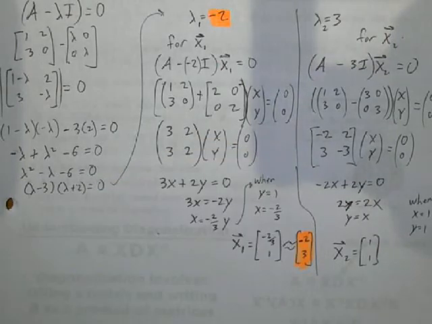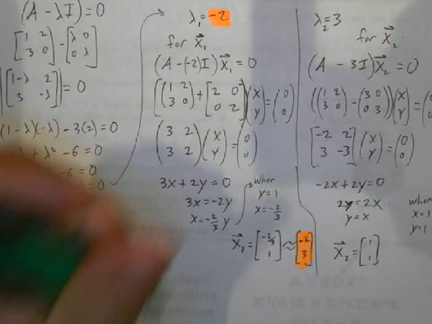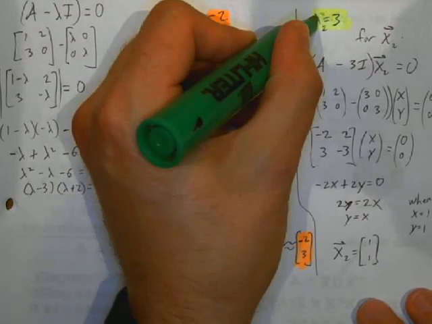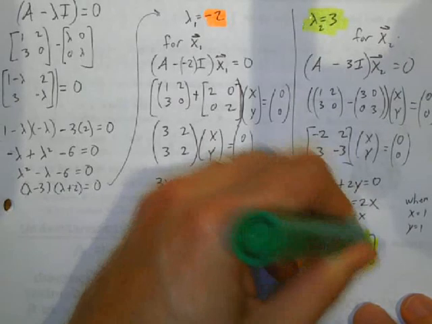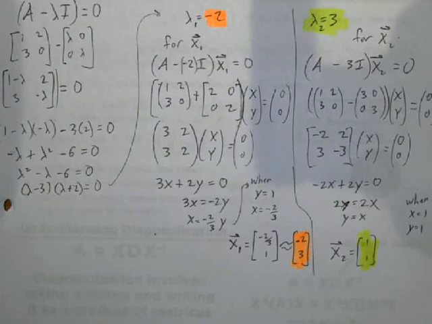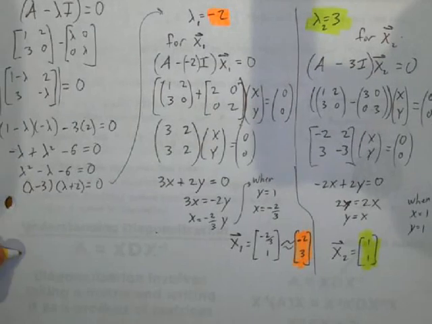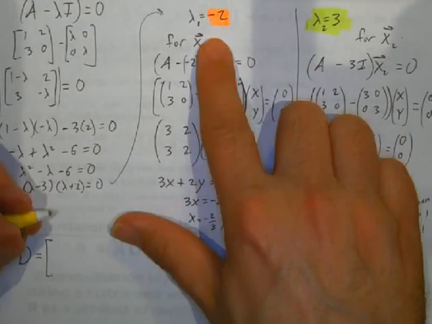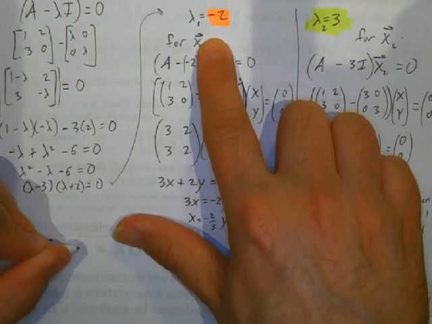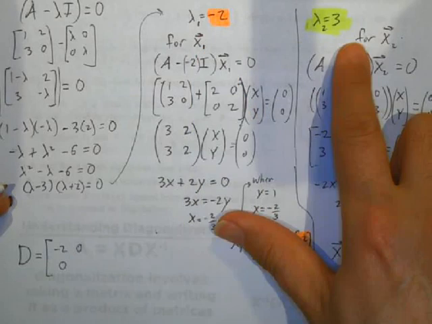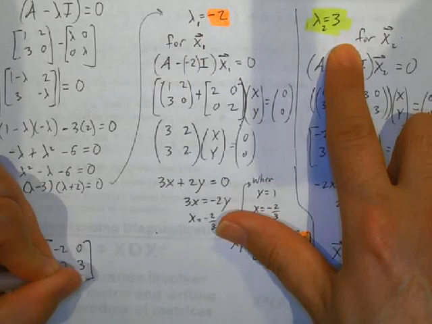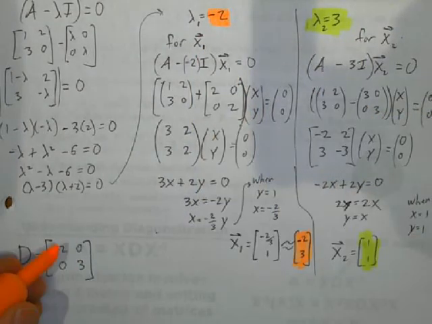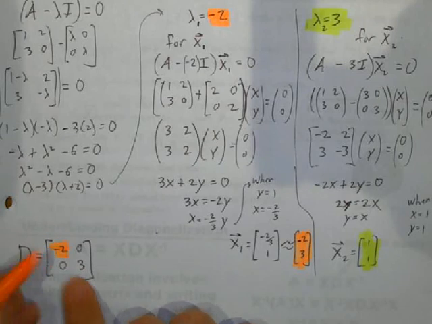For an eigenvalue of 3, we're going to use this eigenvector. So for my diagonalization, I'm going to say I've got negative 2, 0, 0, and I'm going to have 3. So this is the first eigenvalue. This is my second eigenvalue.